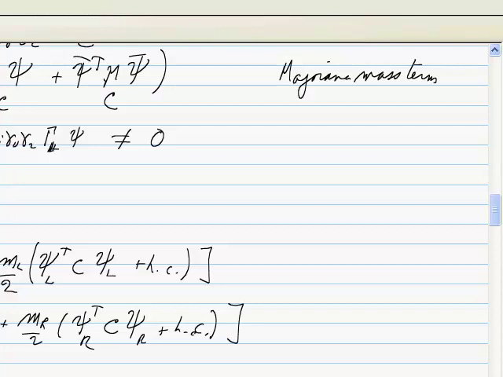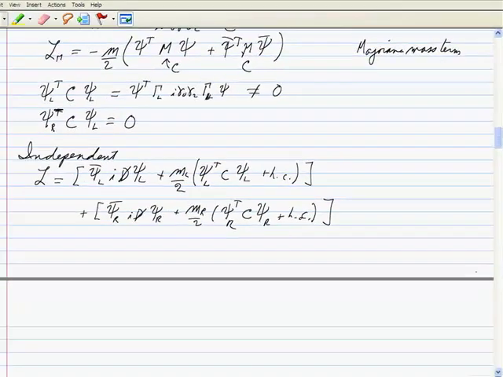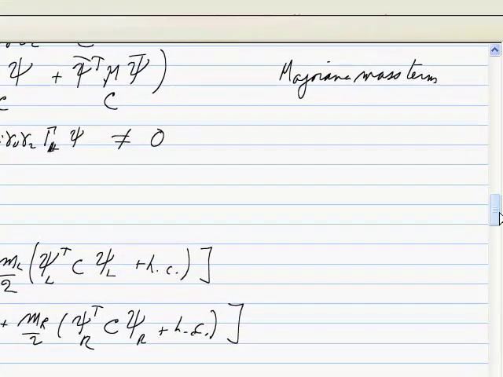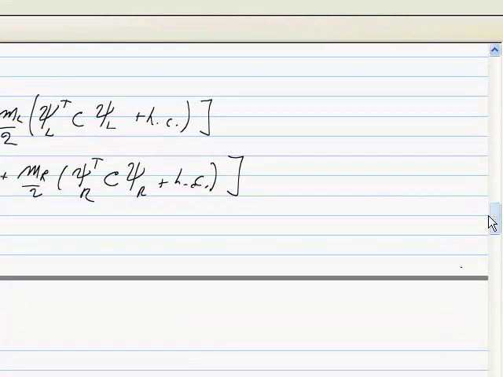So you can have the right piece also, but it's completely disconnected, at least at this stage. The lefts and the rights are separate particles. However, we know that psi left has only half the degrees of freedom of psi, so it's only got 2 degrees of freedom. So there's 2 degrees of freedom here, and there's 2 degrees of freedom here.